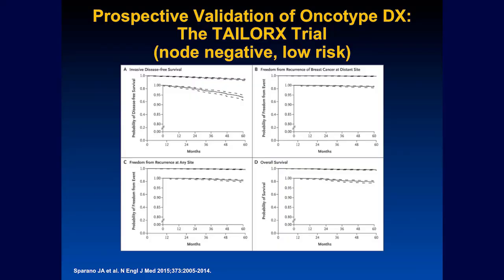Now the last column there, that's arm A, where patients only got hormonal therapy, that actually is currently available. That result was published 2 years ago. It was not randomized, but it gave us further prospective data that shows that if a patient has a low-risk Oncotype DX score, their risk of distant metastasis-free interval, that's at 5 years and beyond, almost 98 to 99% of patients did not have recurrence.